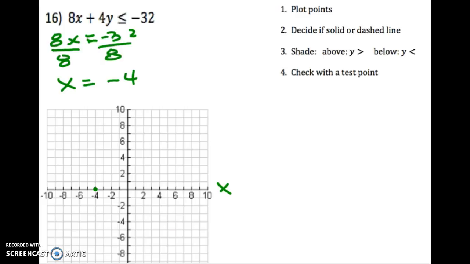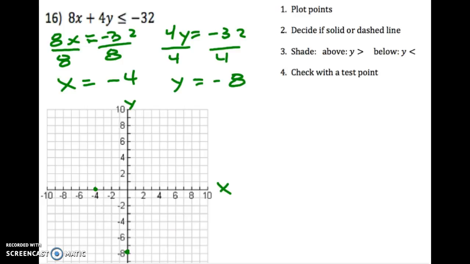For the y-intercept, the x part will be 0, so we can just drop the x part. Go with the 4y is equal to the negative 32. Divide by the 4. And we get y equals negative 8. So on the y-axis, we want to plot the negative 8.